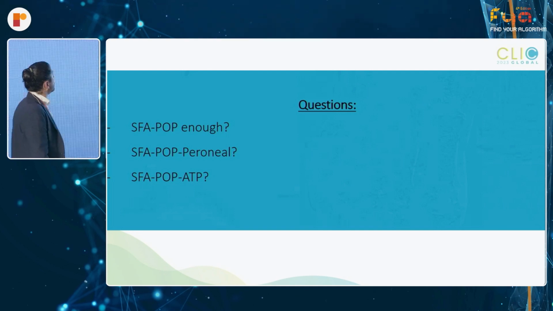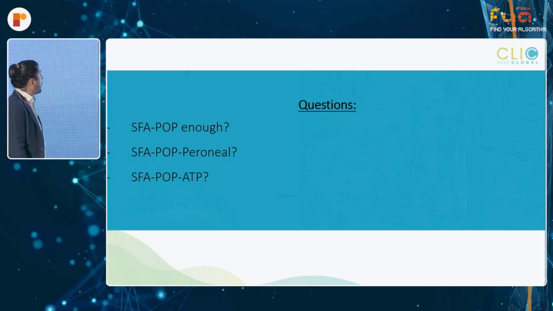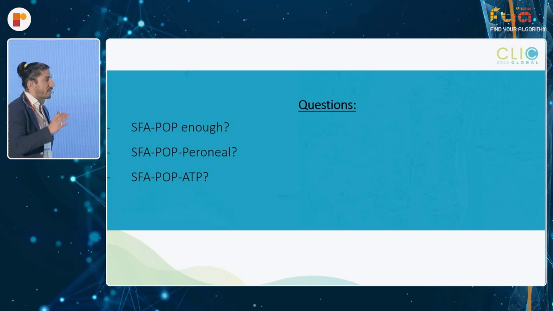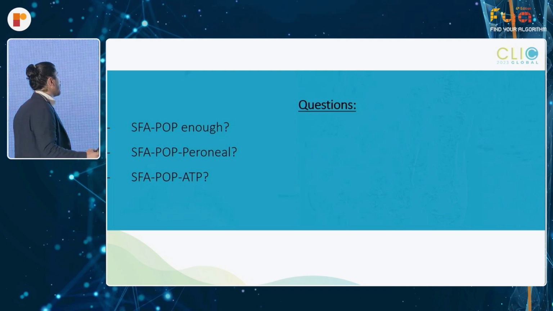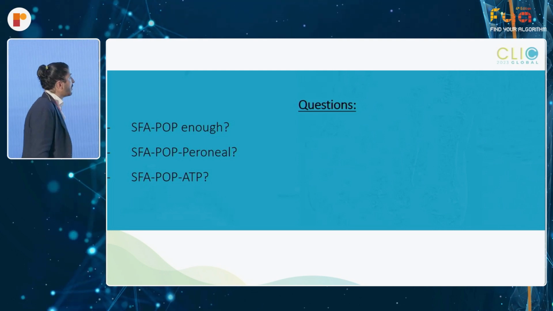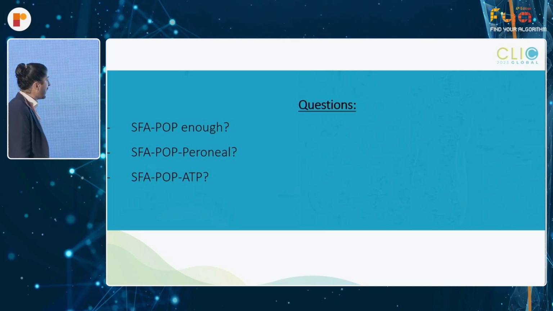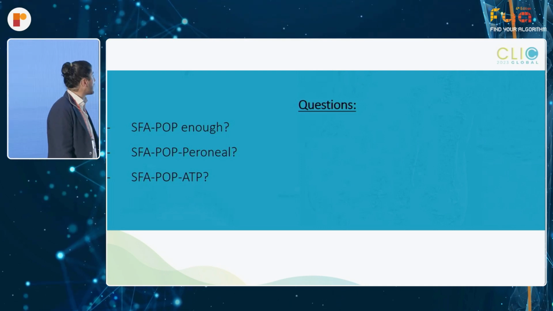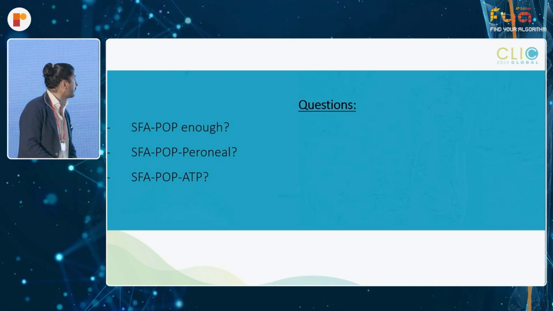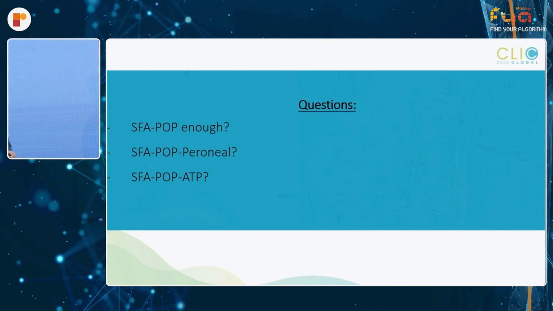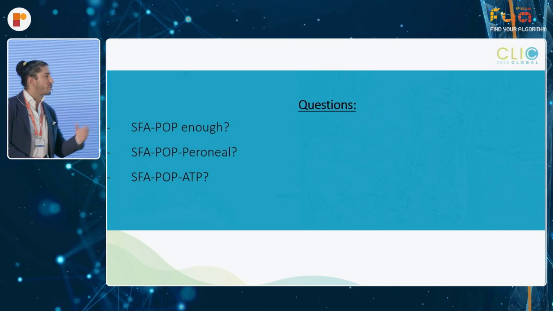So, first question. SFA and POP is enough? In this case, there are superficial ulcers with no deep infection in the first and in the third toe. SFA POP plus peroneal, or SFA POP plus posterior tibial. So, green flag for SFA POP enough. You can choose the colors.